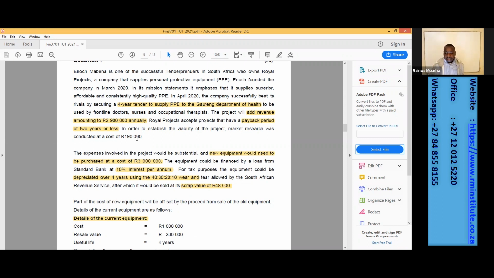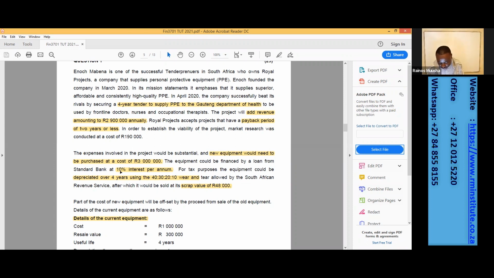So it's not going to make any difference in your decision, which means the market research cost of 190,000 is a sunk cost and is not going to be included in capital budgeting. So you're going to respond and say the market research cost of 190,000 is a sunk cost, hence it's not going to be included in capital budgeting as well.